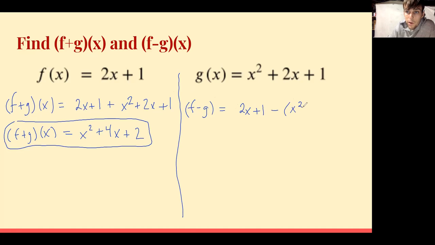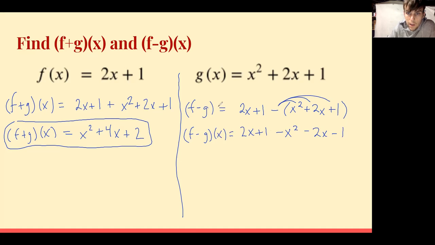I'm going to put it in these parentheses just to make sure I remember to subtract the whole thing. And I'm going to distribute that negative. So this is f minus g of x. Kind of left that off there, but that's okay.